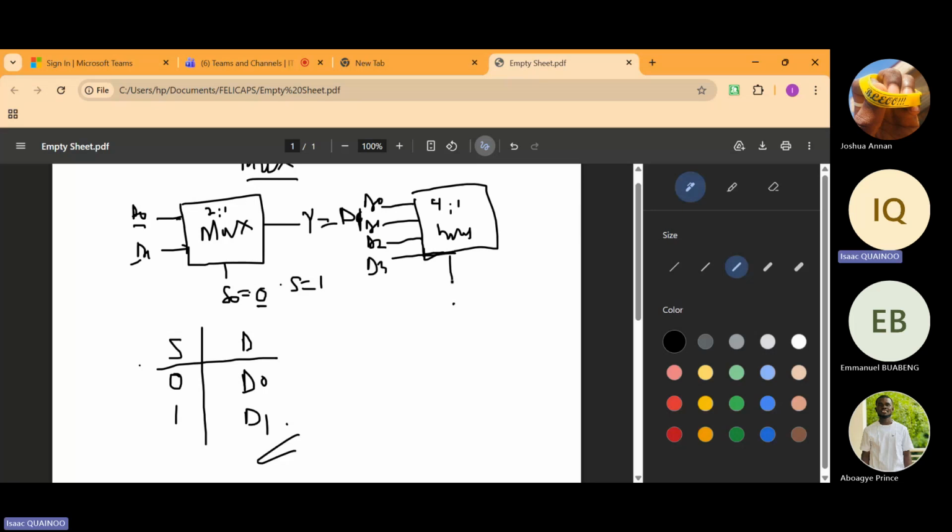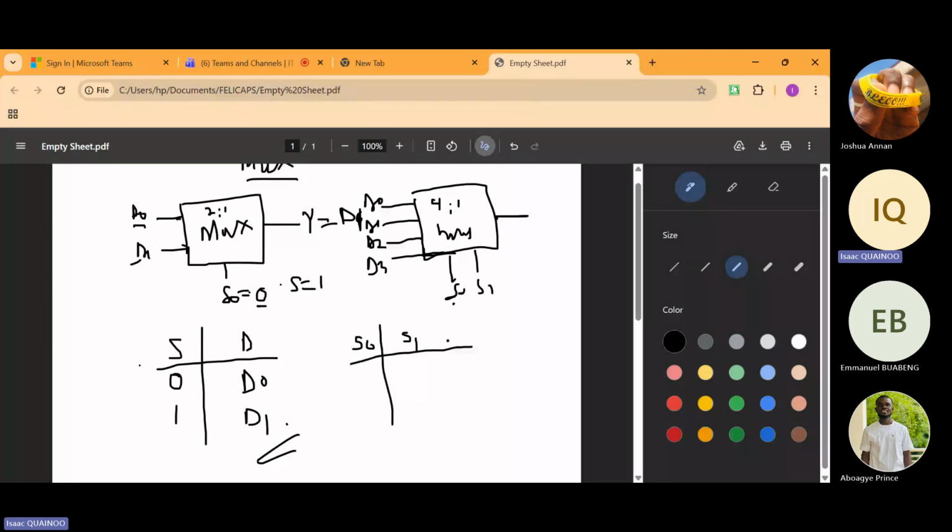And then our selectors, we have S0, S1. Okay. So if we are drawing our truth table, here our S is 2, we have S0, S1. And we have to determine which particular D value or which particular data line will be selected and forwarded as our output.